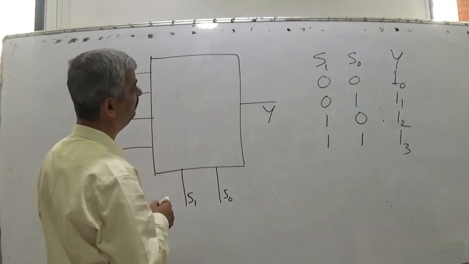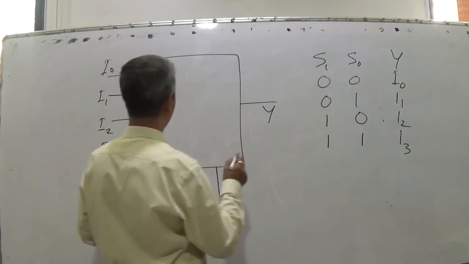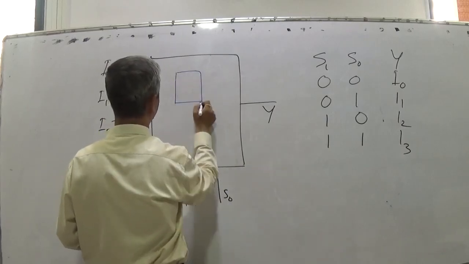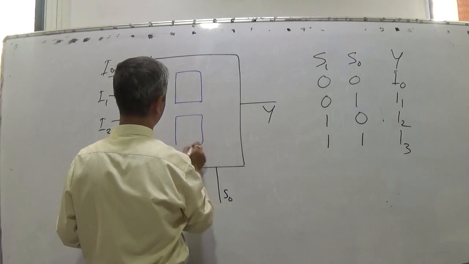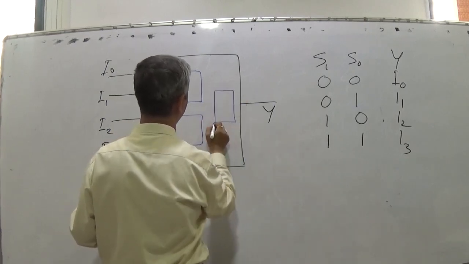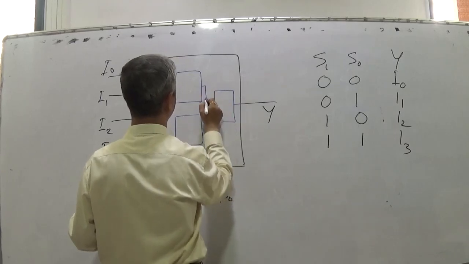Now how can I design this? I will have one 2:1 multiplexer, another 2:1 multiplexer, and one more 2:1 multiplexer.